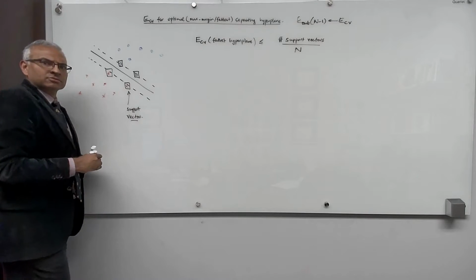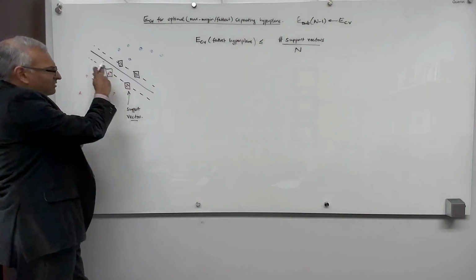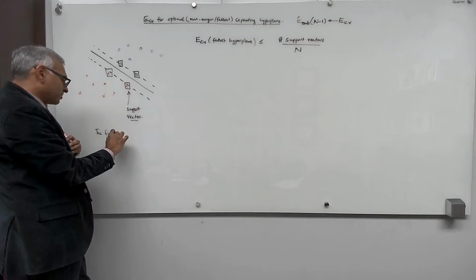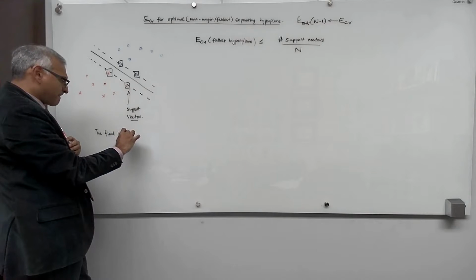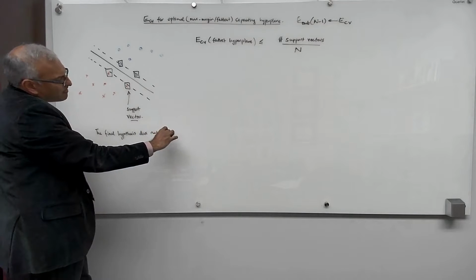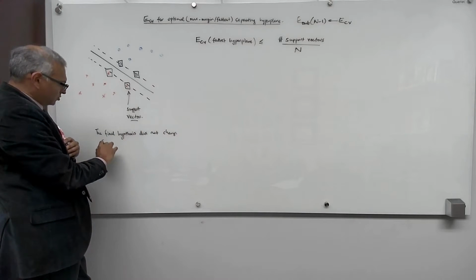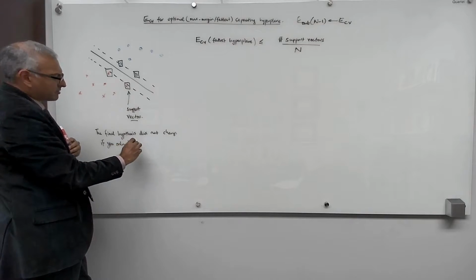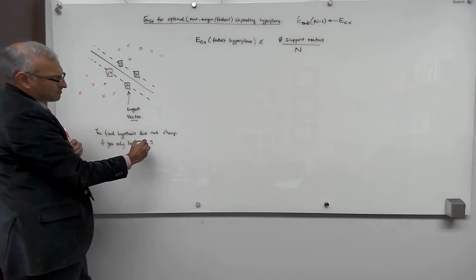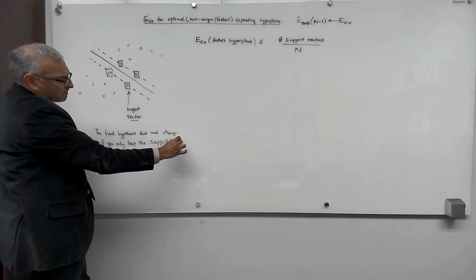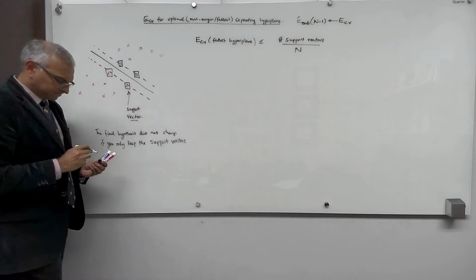So, summary, the final hypothesis does not change if you only keep the support vectors, these data points that are on the cushion.